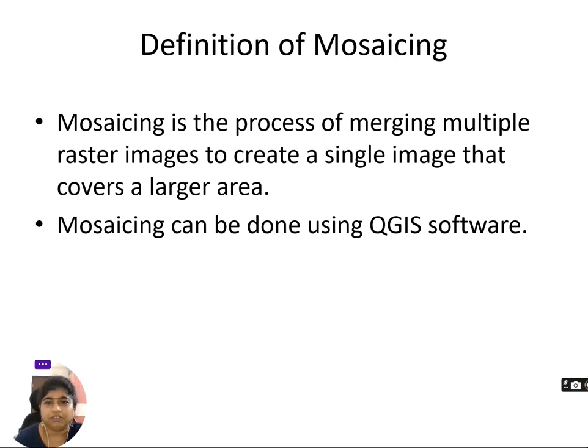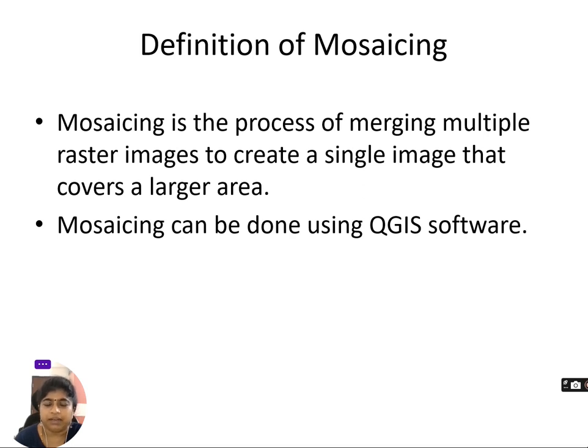Actually, if you want to do any raster or vector analysis, we may need to do it for an administrative boundary or for a specific boundary. But when I download the digital elevation model from any of the websites like USGS or Bhuvan website, the DEM will be downloaded in the form of tiles.